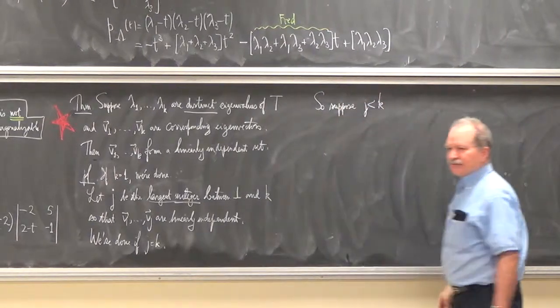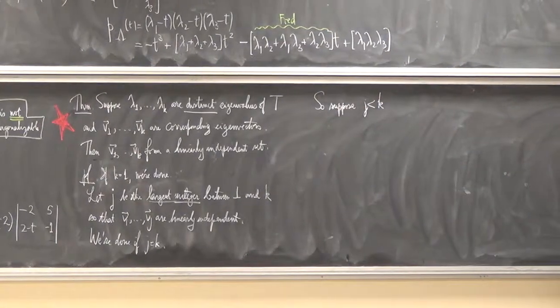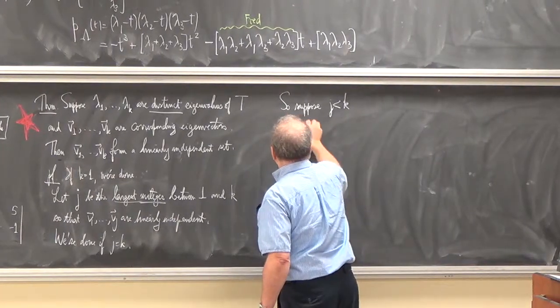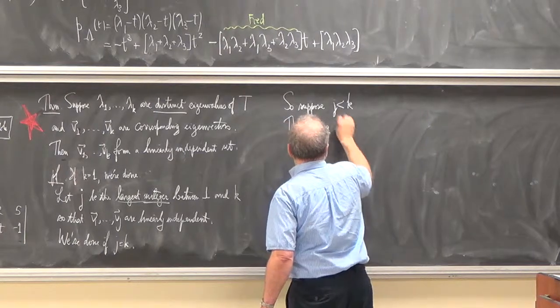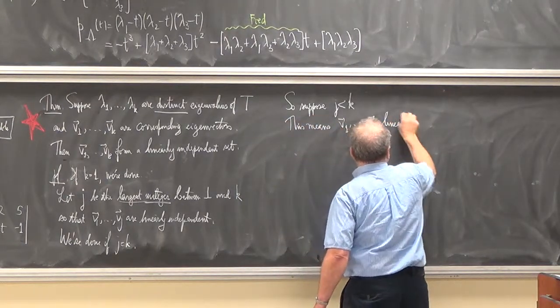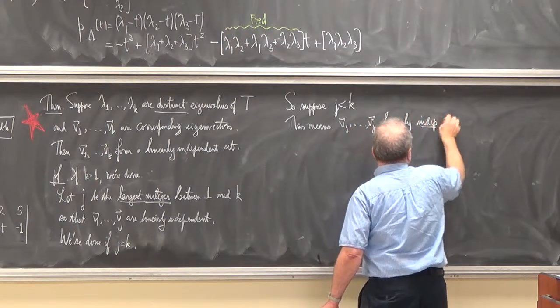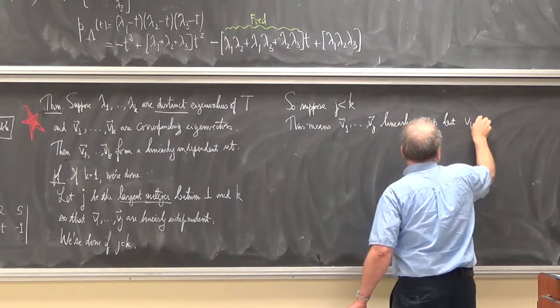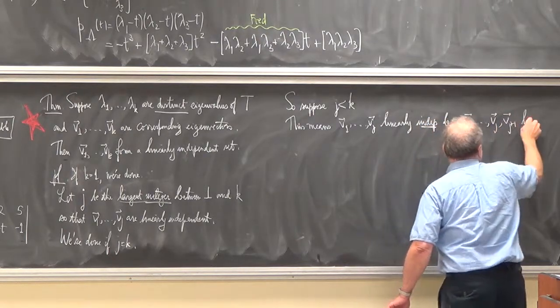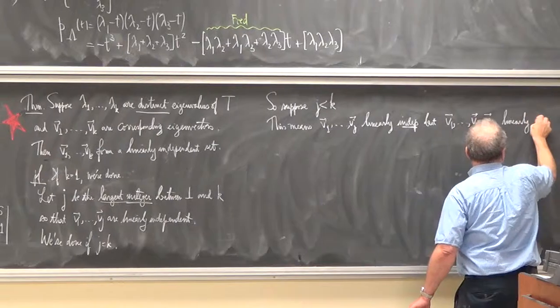What does that mean? That means if you add the j plus 1 vector, they become linearly dependent. So the first j are linearly independent, but if we add in j plus 1, it becomes linearly dependent.